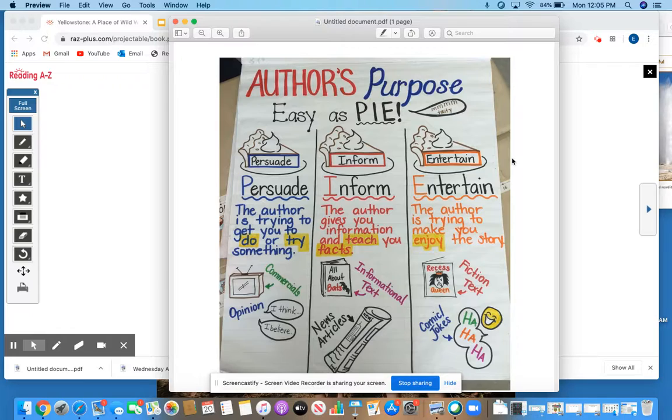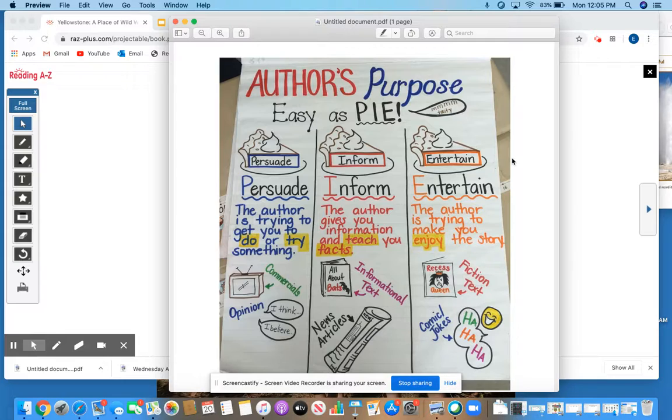If an author's purpose of writing a story is to persuade, that means they are trying to convince you to do something or try something. For example, when we wrote our restaurant reviews, you were trying to persuade me or your peers to go to that restaurant, convince them. An example could also be commercials, right?